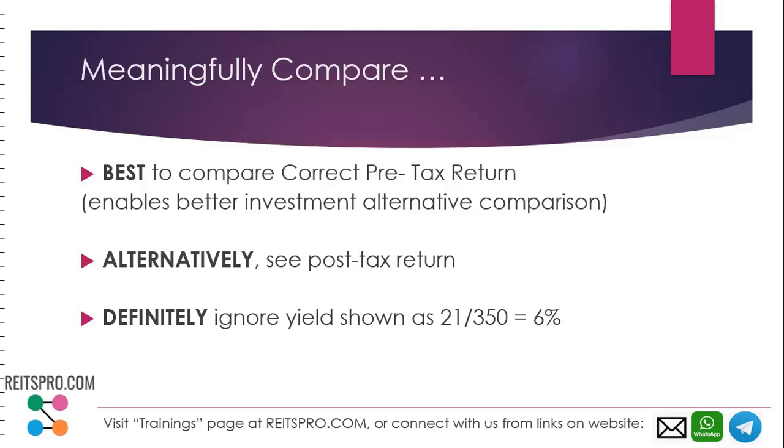To meaningfully compare the alternatives, we feel the best way would be a comparison of the correct pre-tax return, which enables better investment alternative comparison. Alternatively, one can go for a post-tax return, which is also very acceptable. But you should definitely ignore the yield part, which is 21 by 350, which is 6%, because it really does not give you a meaningful picture.